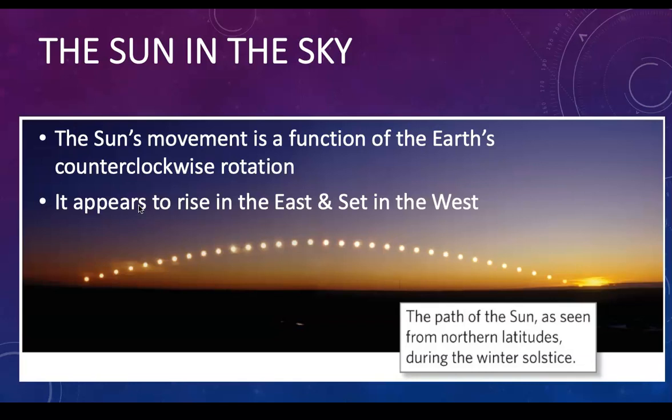As such, the sun appears to rise in the east and set in the west. Okay, and again, you know this. Sun rises in the east, sets in the west. That's due to the way we rotate.